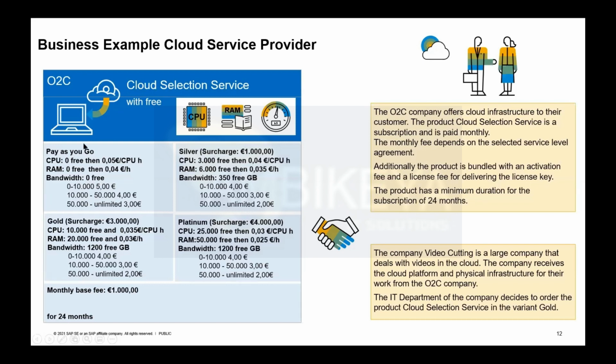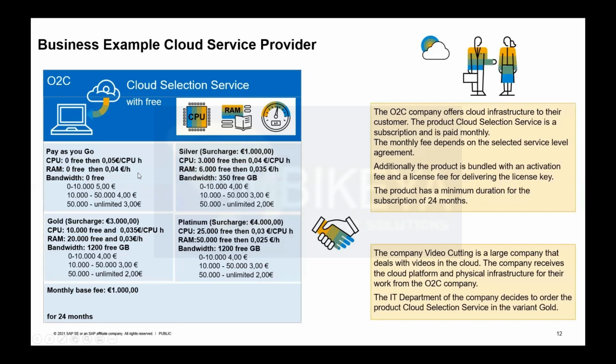You can also choose another option, which could be silver, and silver has a surcharge of €1,000 per month. By the way, the base subscription fee is 1,000 euro, and we create a subscription contract with a duration of 24 months. Additionally, we assign an IP address to this service as a technical reference.